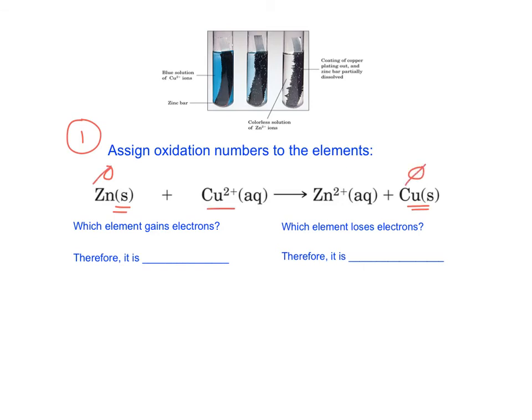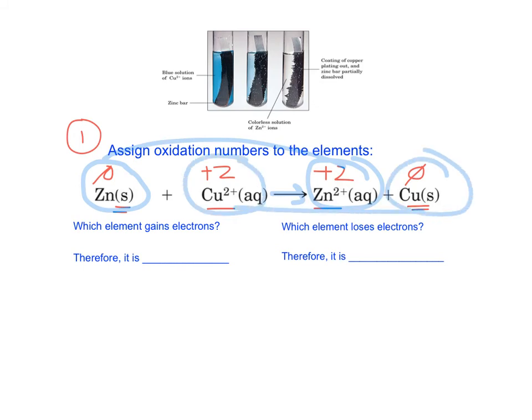In this particular reaction, they've already given us that copper is a +2 charge and zinc is a +2 charge. Now we're adding on the before and after. Zinc was 0 before the reaction, and afterwards it's +2. It became more positive. Copper was +2 and it went down to 0.